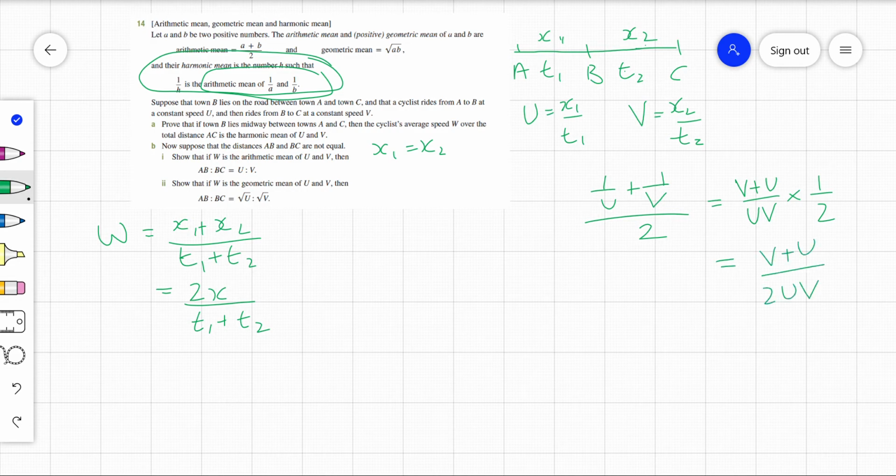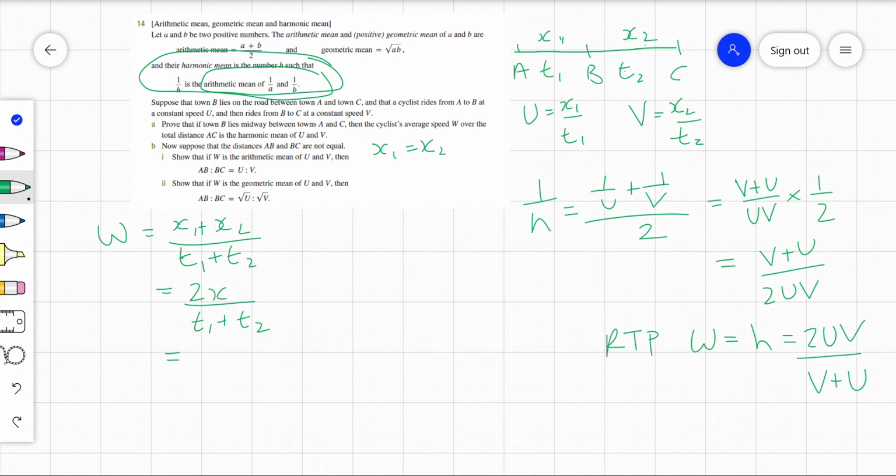This would be our 1 on h. And so we're required to prove that our W is equal to h, which is the reciprocal of this, equals that. All right, so let's see if it does. So far, this is what we've got.